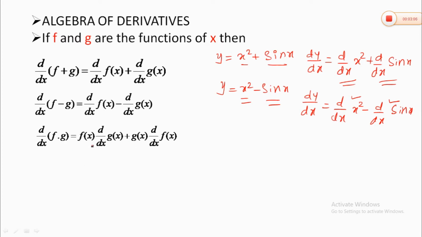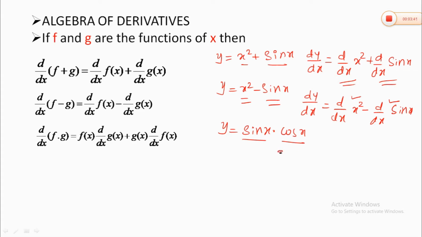Similarly f into g, that is known as the product rule. So f into g, derivative is equal to f(x) dy dx of g(x) plus g(x) dy dx of f(x), that is first function into derivative of second function plus second function into derivative of first function. So that is if y equal to sin x into cos x, this is f(x), this is g(x).